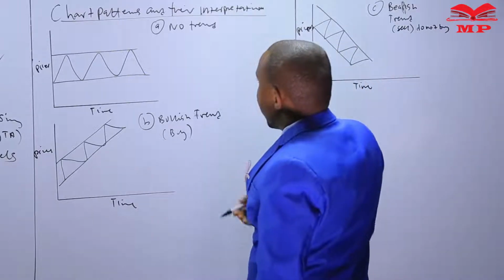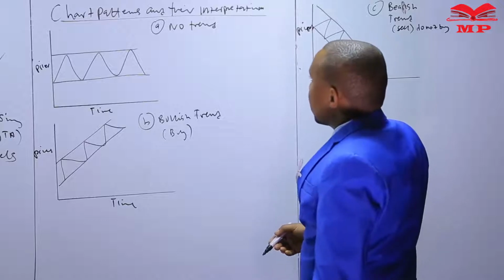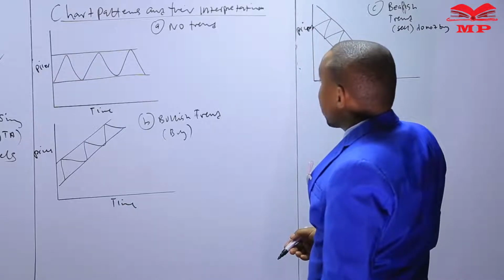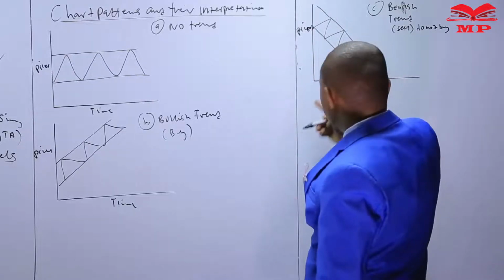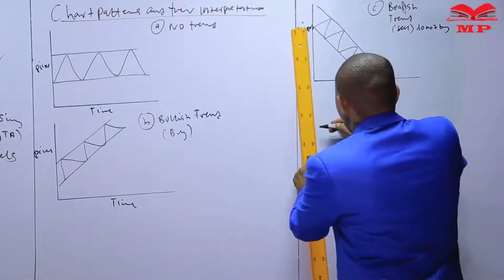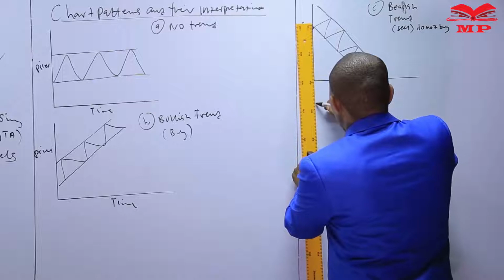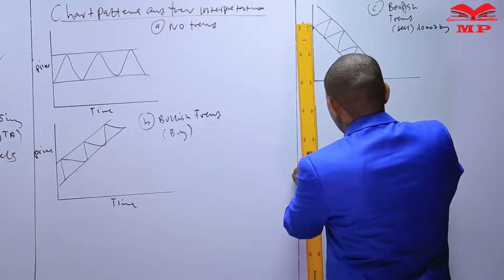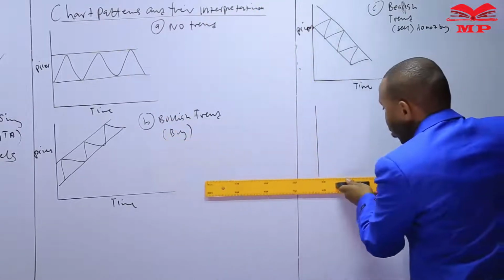We can also move ahead and look at configuration or confirmation of a bullish trend. We can use now another graph here to just continue from this. Confirmation of a bullish trend, confirmation of a bearish trend, and no confirmation of a trend there.